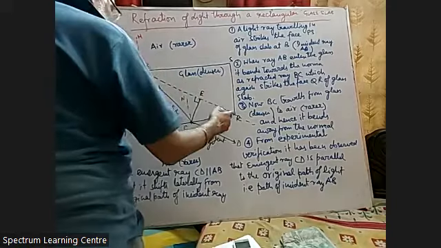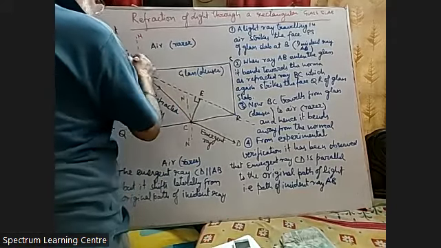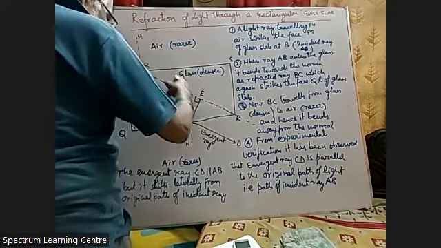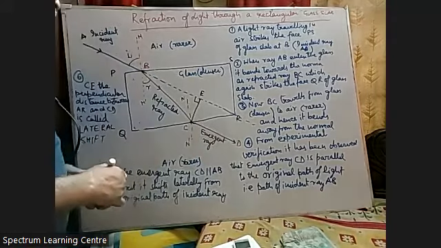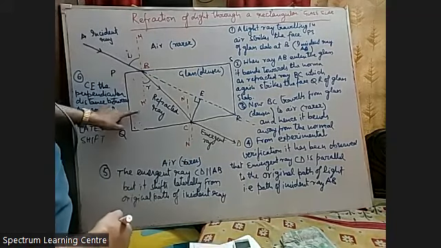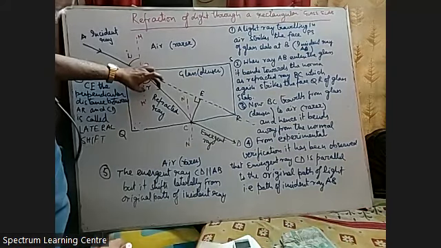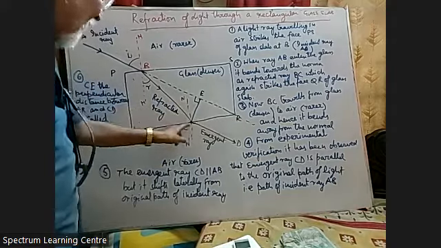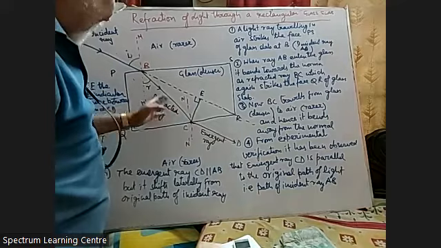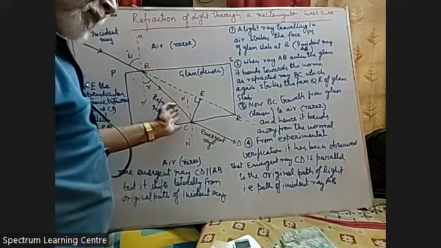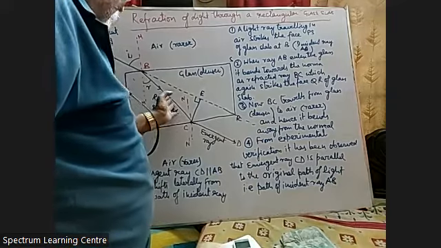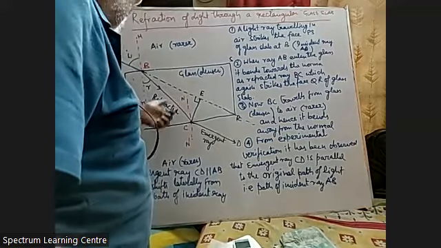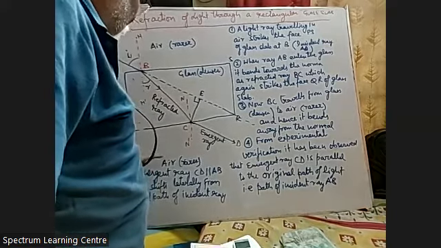But since the glass slab has been put, PQRS, and the light is moving from rarer to denser, it will bend towards the normal, which is MM dash. It bends towards the normal and again it strikes on face QR at C. Now here the refracted ray becomes the incident ray again. The situation is reversed. It is traveling from denser to rarer medium.